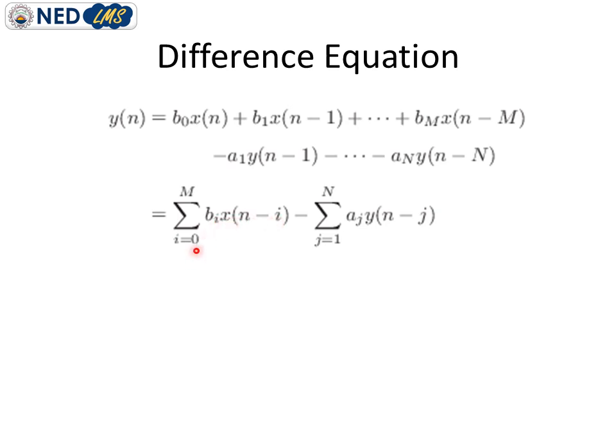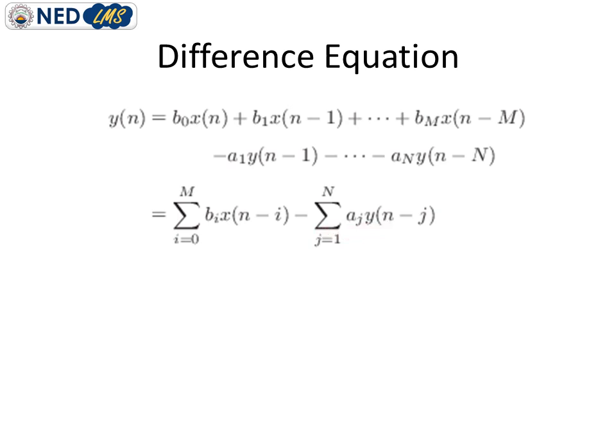This can vary from 0, which is no delay in the input, to m delays in the input, where m is an arbitrary value, and the same is the case with the output samples.